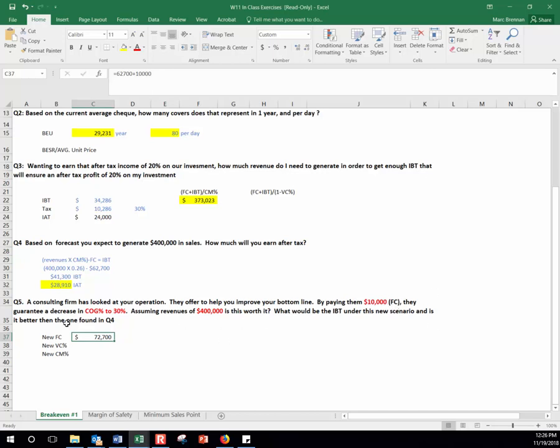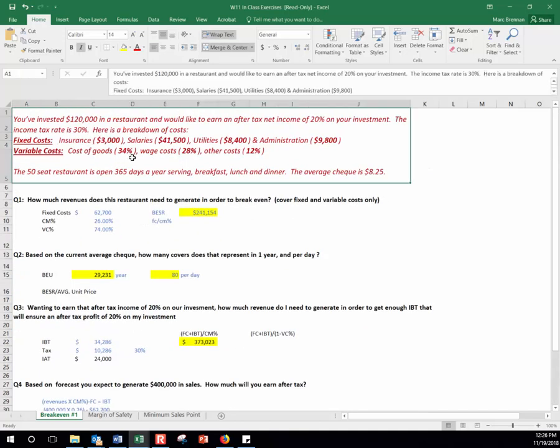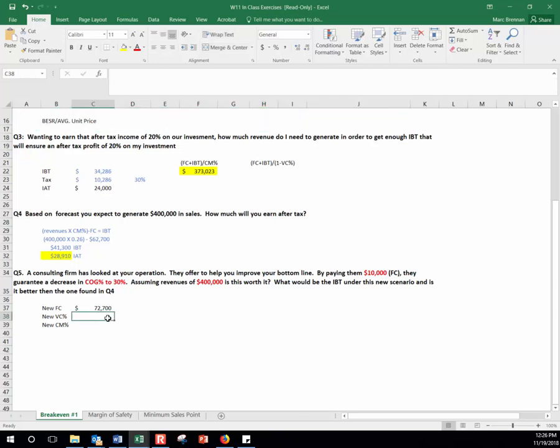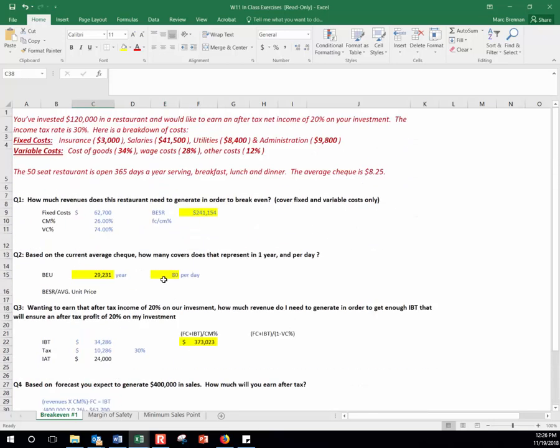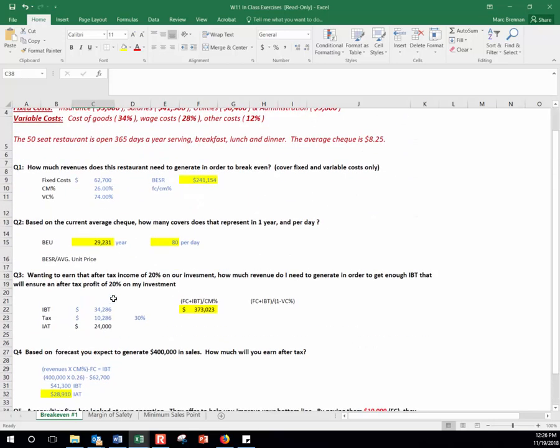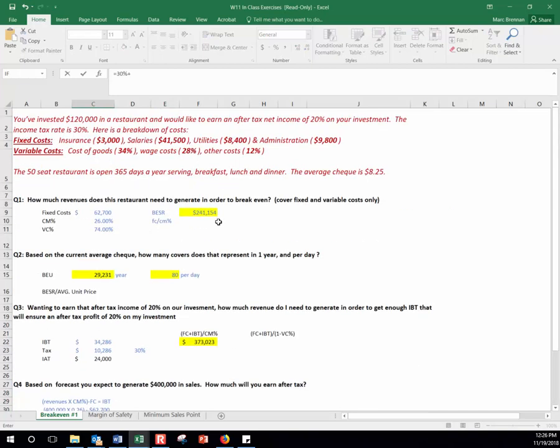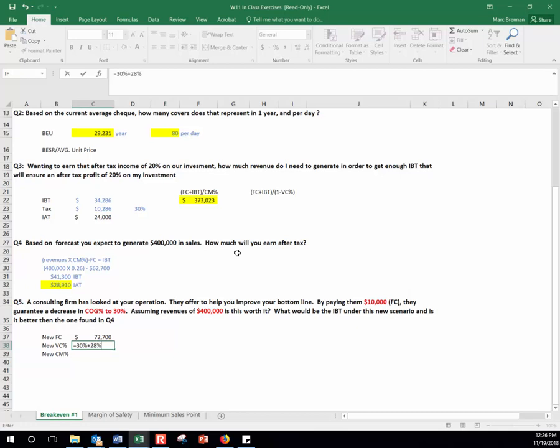So basically all they're saying is if we pay them $10,000 in fixed costs, they're going to guarantee that they're going to reduce our cost of goods, which is this 34%, to 30%. Okay? So we want to figure out whether or not we should actually do this. Does this make sense math-wise based on our $400,000? So what's our new variable cost percent? Well, now we're going to go, instead of 34%, we're going to go 30% plus 28% wage cost plus 12%.